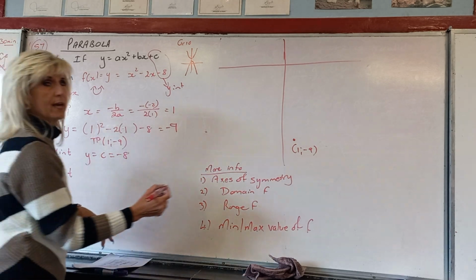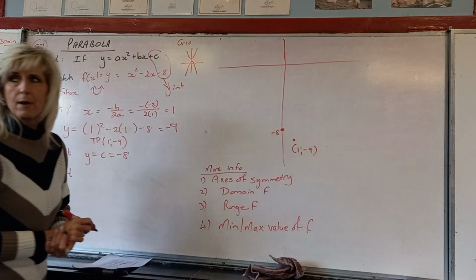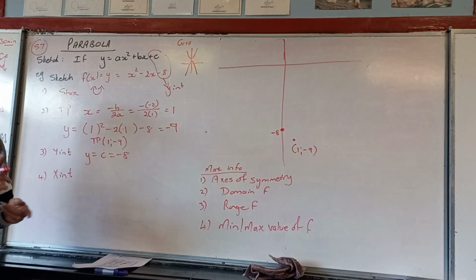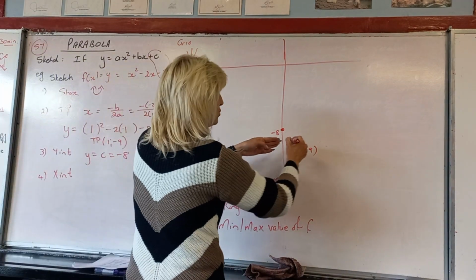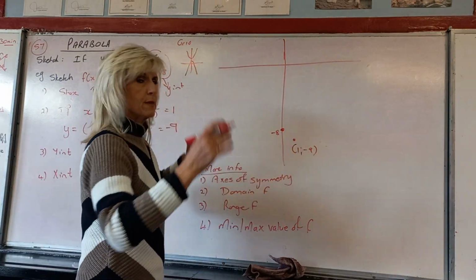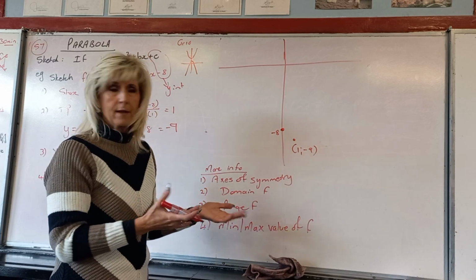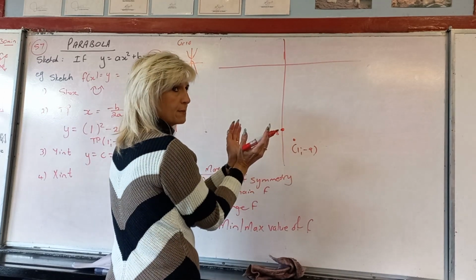Okay, so I can do that already. Minus 8 is going to be my y-intercept. Now I still need my x-intercepts. I already have a good idea. If now, already you're sketching it, and you don't give me the x-intercepts, you're going to lose marks, but you're going to get some marks because you're on the right track, if you at least show me that it's a positive happy face parabola.